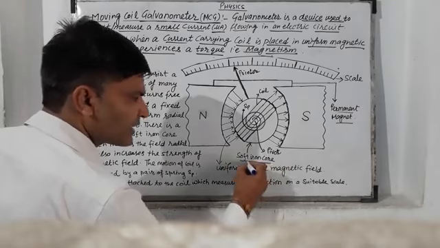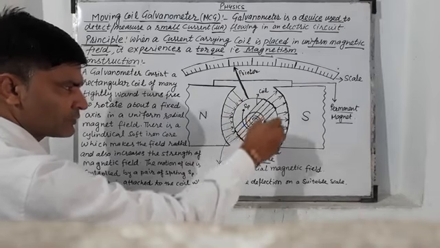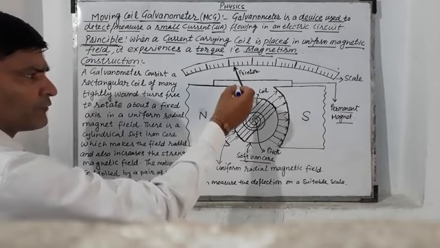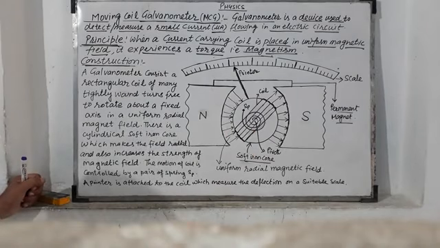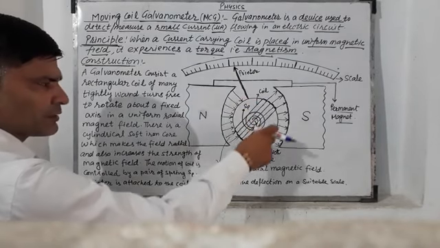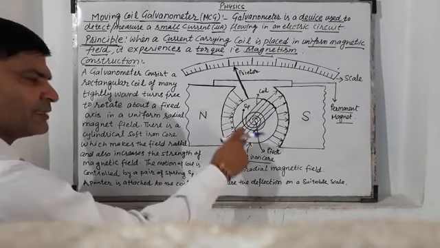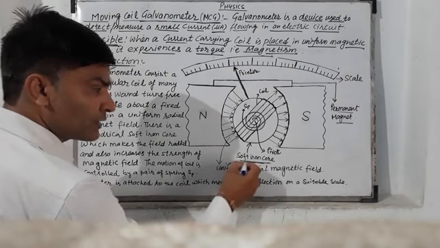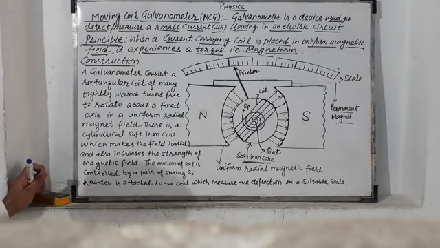This cylinder is the soft iron core, and this is the cross section of the cylinder. The cylindrical soft iron core makes the field radial. The soft iron core is inside the rectangular coil.